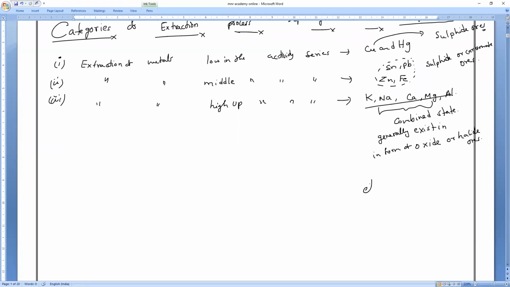That elemental form we call something. Anybody? Native metals. Native metals means they exist in the pure form. So that is what you have to remember.